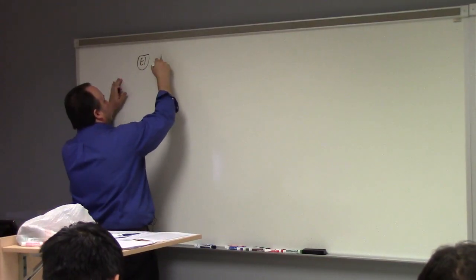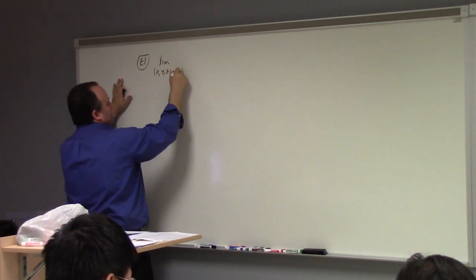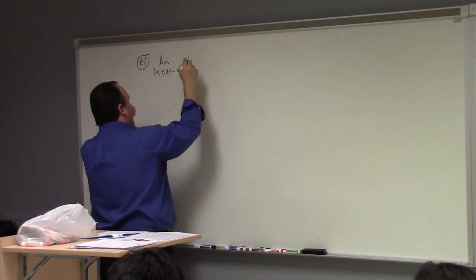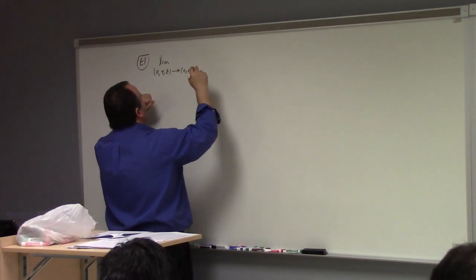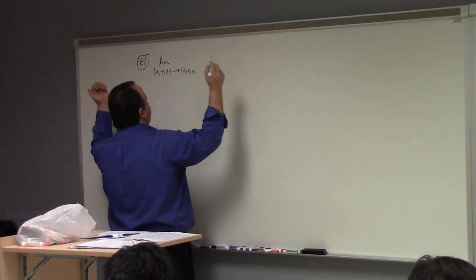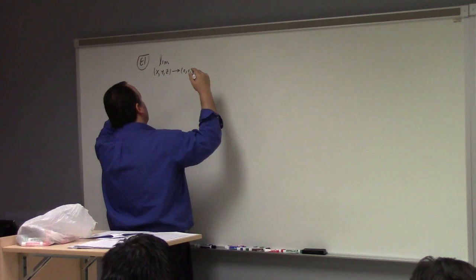What if I have the limit as x, y, z goes to the origin of, I don't know, how about, goodness gracious, I'm trying to think of a good one here.